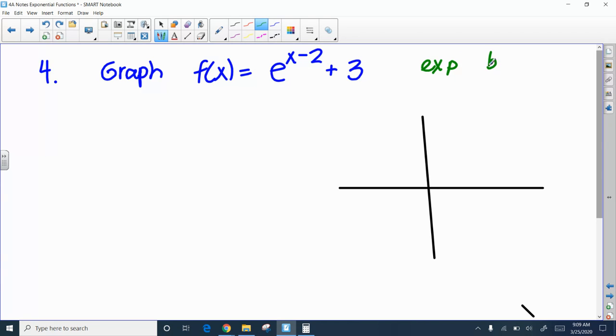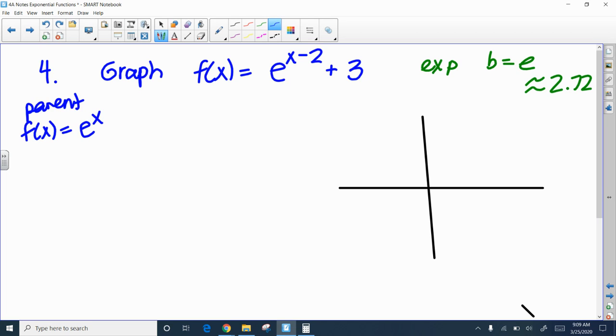But this time our base is e. Remember we talked about e yesterday. e is a new number, approximately 2.72. So we can keep that in mind when we are finding our points. So our parent function here is f of x equals e to the x power.